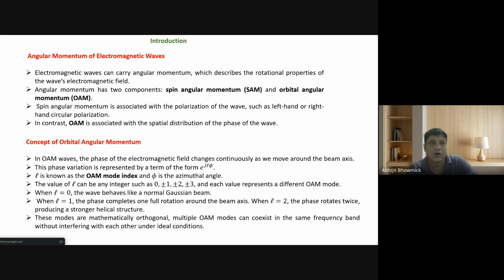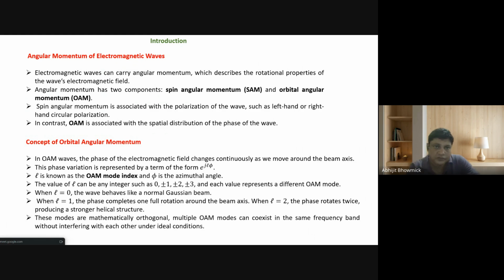The other one is orbital angular momentum, where spatial phase distributions are used. So spin angular momentum is associated with the polarization of waves, such as left-hand or right-hand circular polarization. In contrast, OAM is associated with the spatial distribution of the phase of the wave.